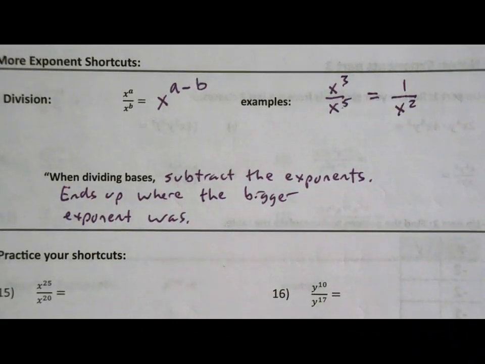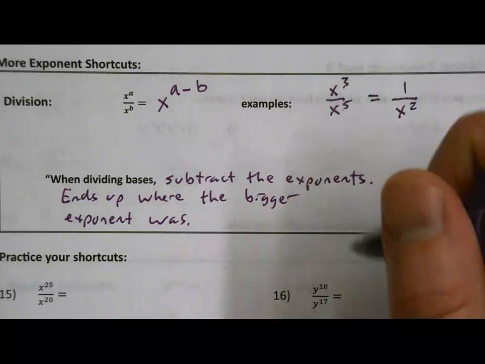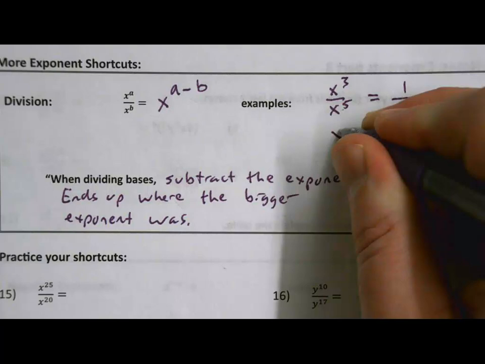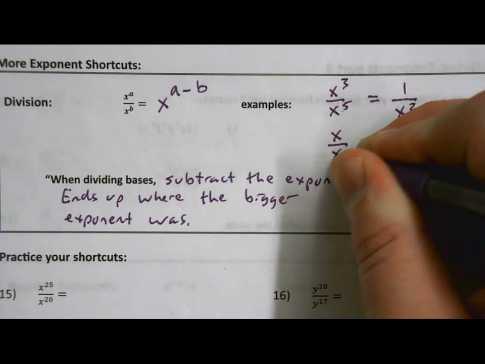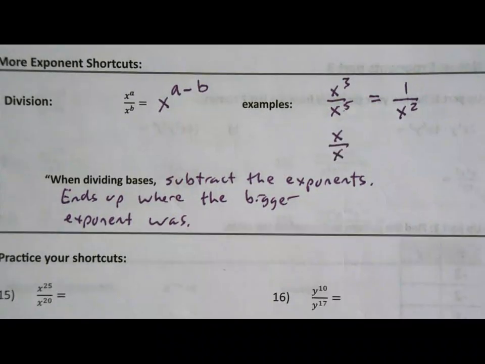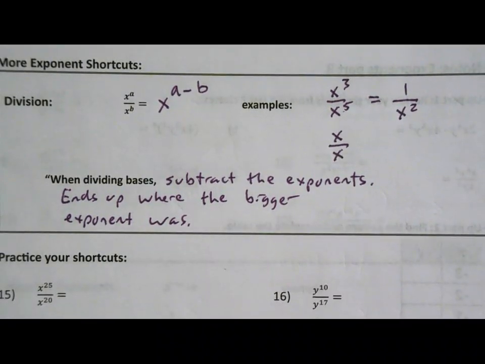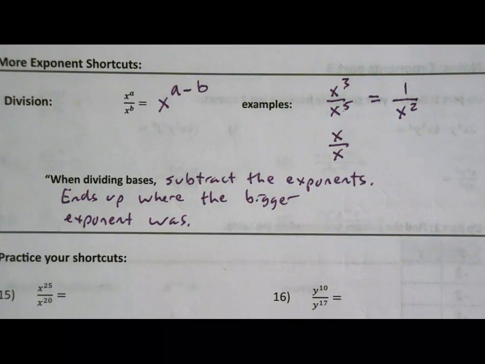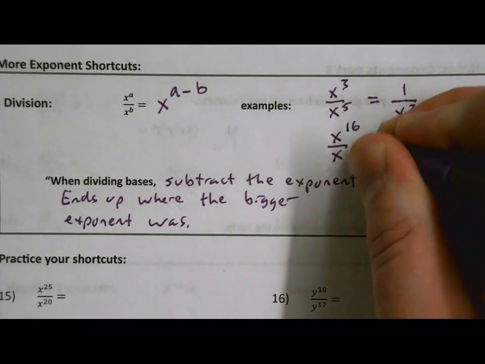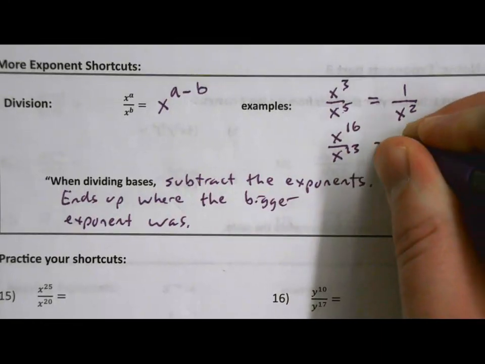Should we do another example where the bigger number's on the top, maybe? That might be a good idea. Michael, can you give me a couple numbers with the bigger one on the top this time? 16 and 13. Another excellent example. 16 and 13. Love it.